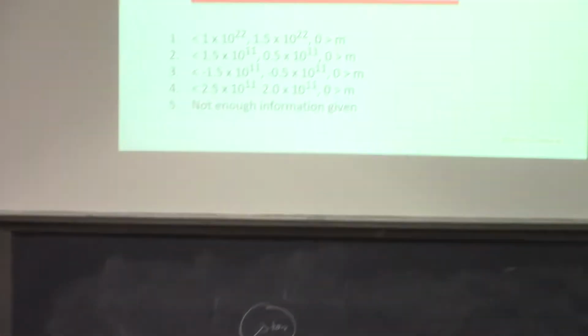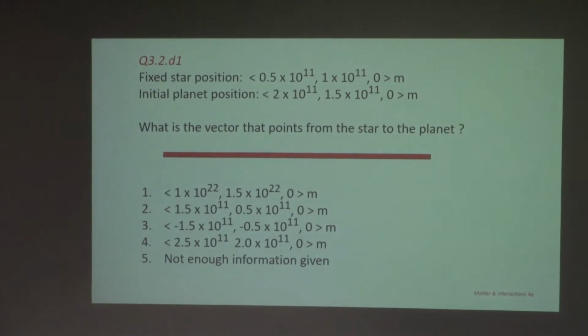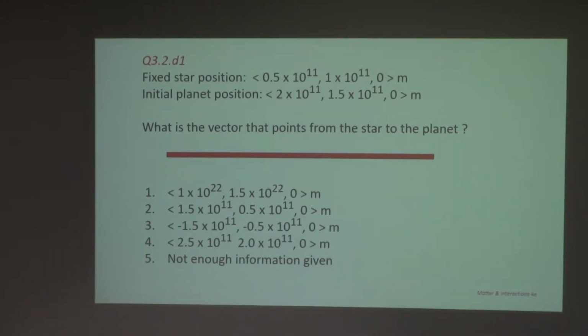We're going to step through the calculation, but the goal is to calculate the force on the planet by the star. The reason we want to do that is we want to see what's going to happen to the planet's momentum in the next time interval. So let's take a moment and calculate the vector that points from the star to the planet.